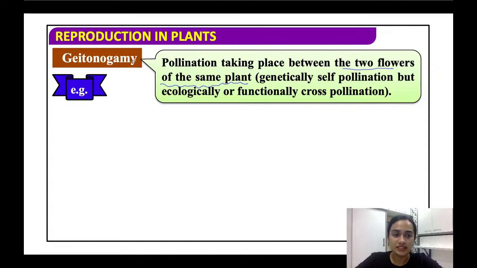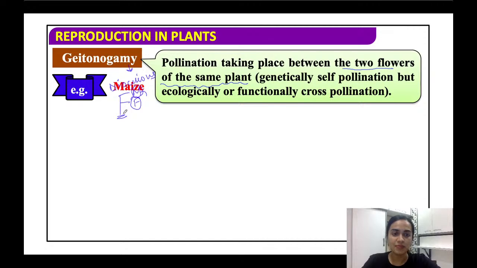For this, obviously the plant has to be monoecious. The requirement is that a single plant should have both male and female flowers. Then only can they assure pollination between two flowers of the same plant.